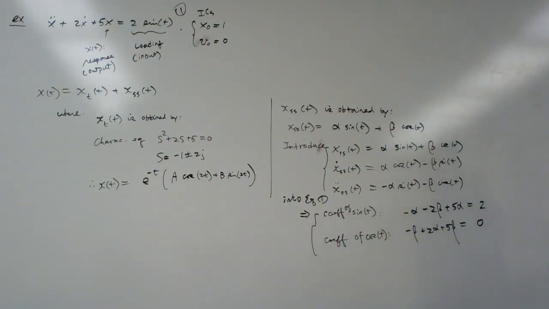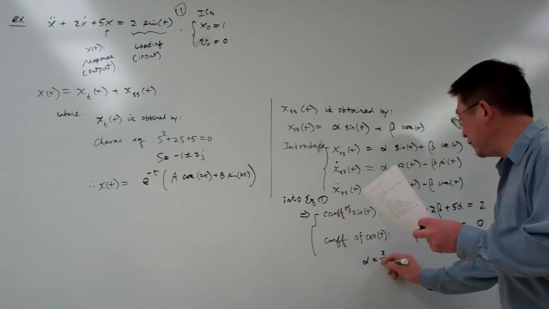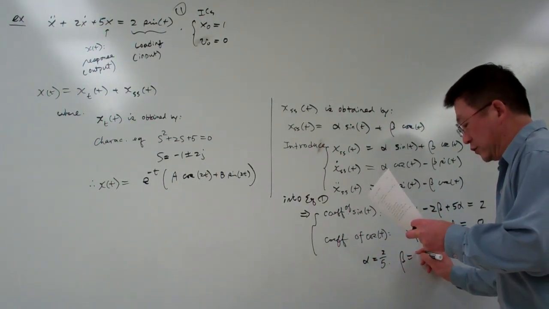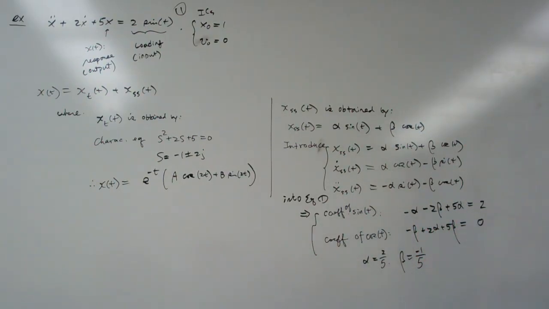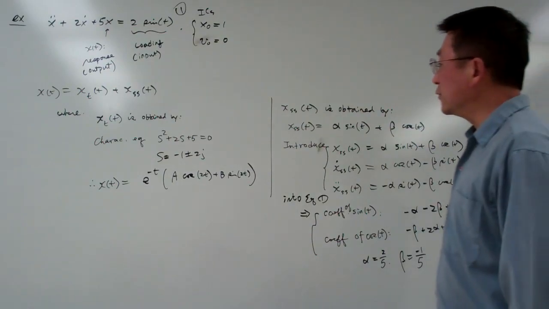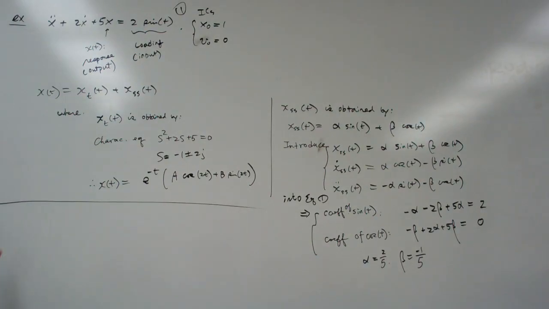So from here we can solve for alpha and beta. Therefore alpha equals 2 over 5 and beta equals minus 1 over 5. With these, we can have the expression of x(t).